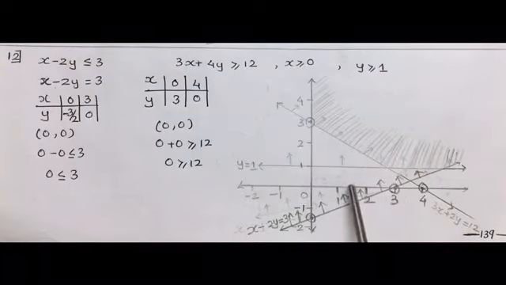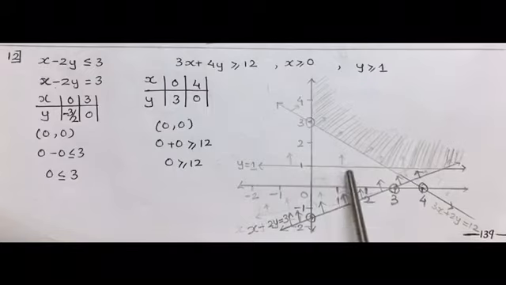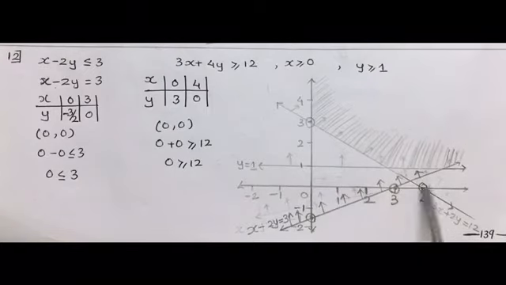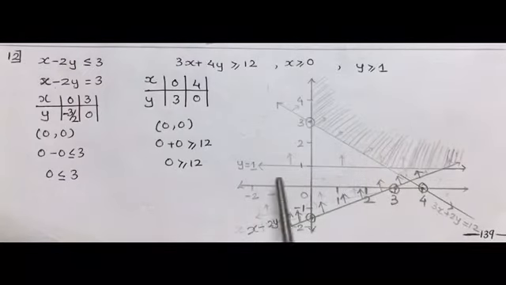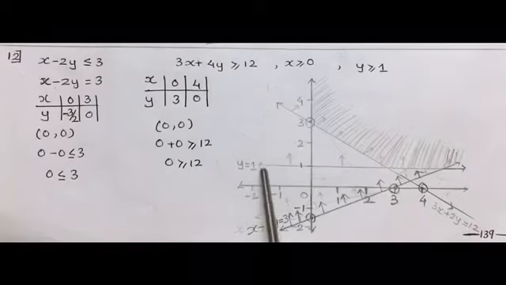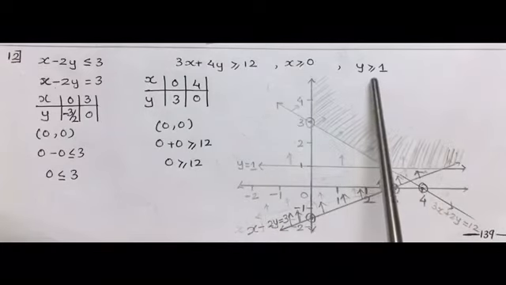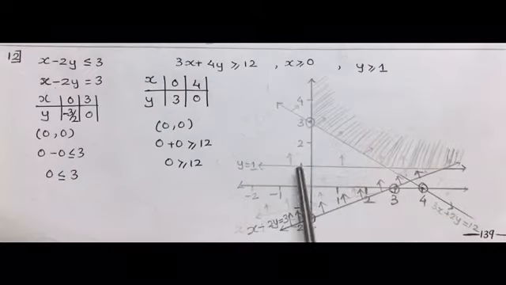Now x is greater than or equal to 0. That means only the positive x is to be taken. Y greater than or equal to 1: for that, the line y equal to 1 is drawn, and as y is greater than or equal to 1, all the points above 1 are to be taken.